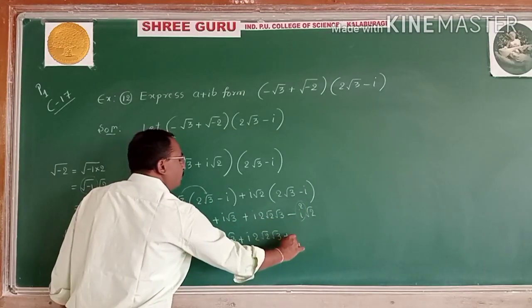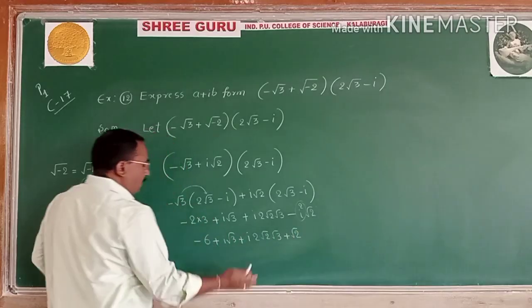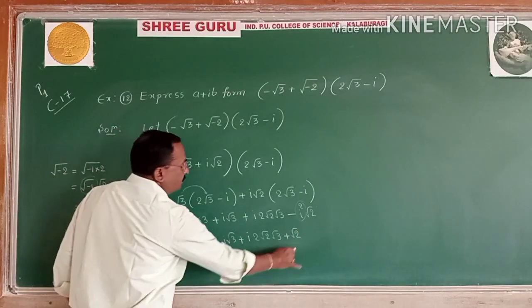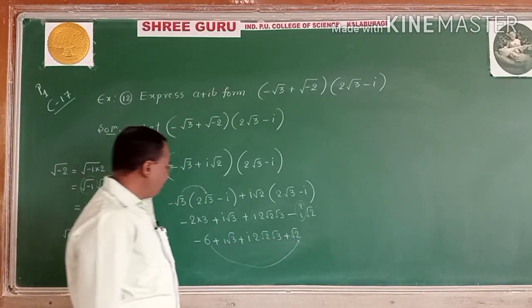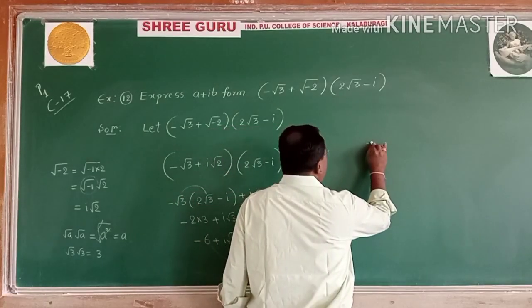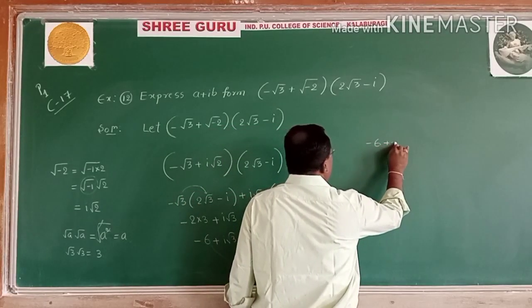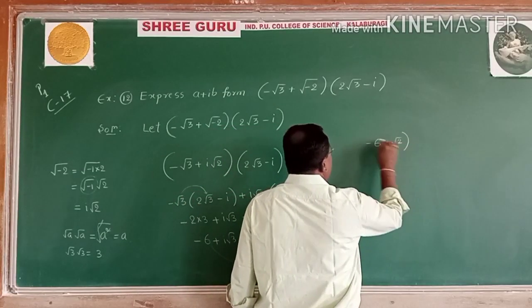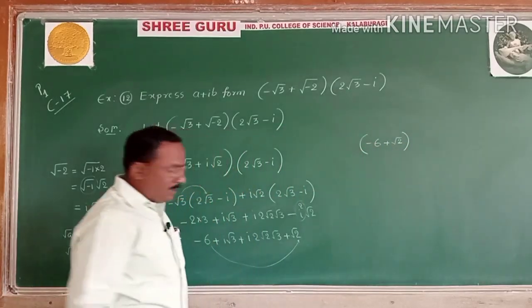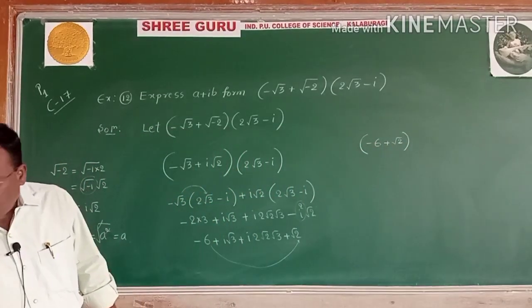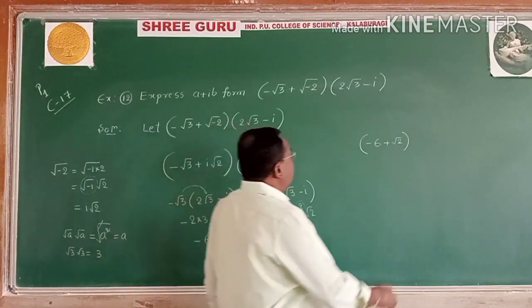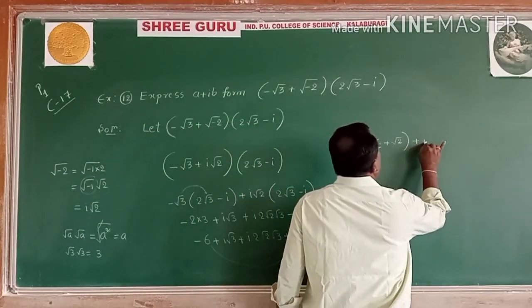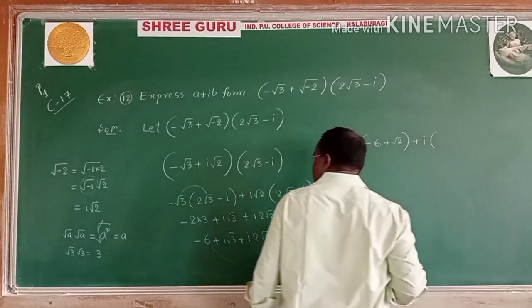Minus 1, so minus, plus. Real part separate, imaginary part separate. This is real: minus 6 plus root 2, this is real. Imaginary part, taking i common, imaginary part is what?